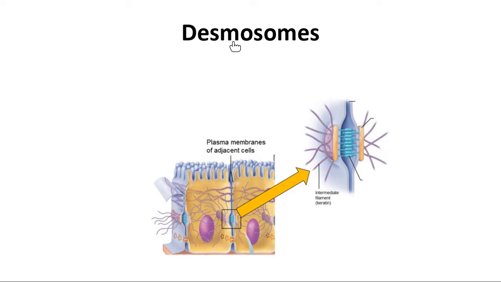So desmosomes, first thing we should always think when we think of this kind of junction, desmosomes have keratin. We use keratin proteins to build them. And then second thing we should be thinking is that they resist pulling. Desmosomes resist when we pull in various directions. So desmosomes, really strong junctions.